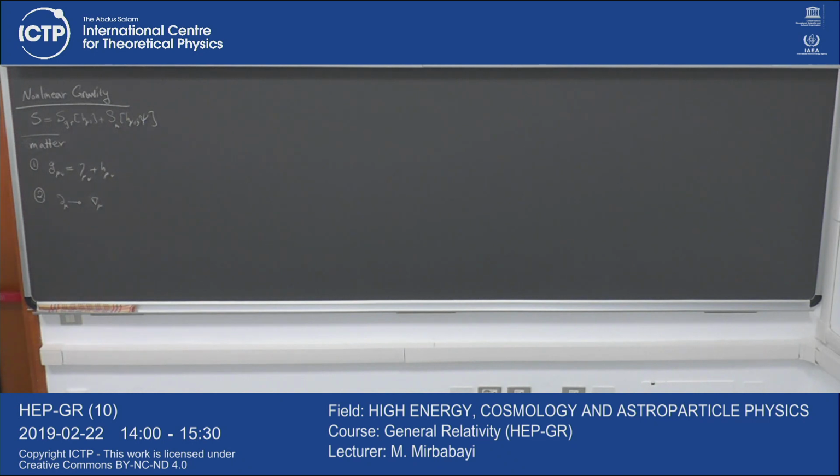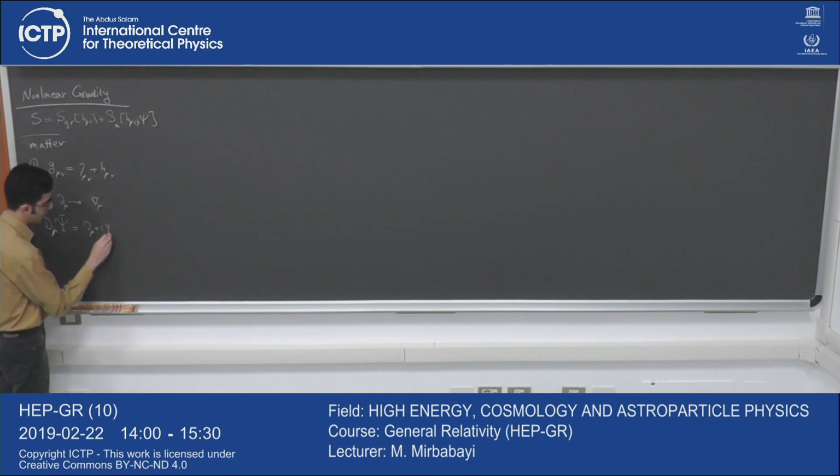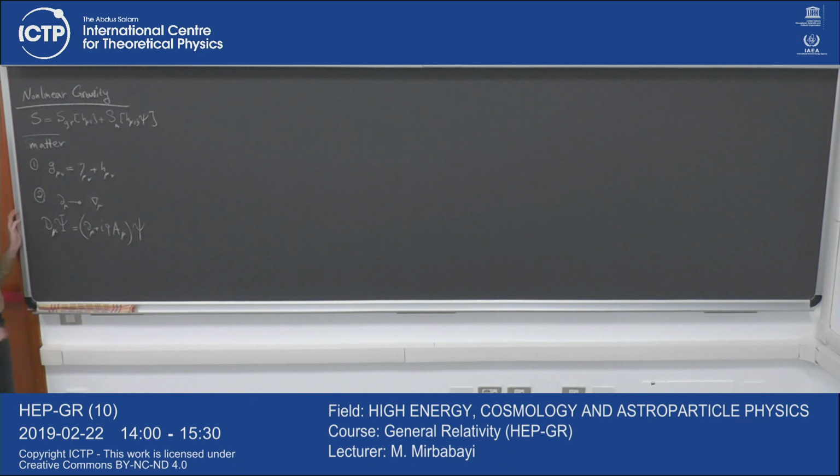For instance, in the U1 theory, we have the covariant derivative d mu acting on some field psi. We say this goes as d mu plus i q a mu times psi. But this q depends on the charge of the psi field.